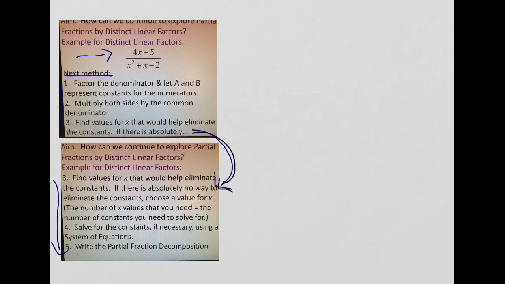So here we go. In our example, we want to do step 1, and step 1 is the same thing as we had before. We're going to factor the denominator and let the constants A and B represent the numerators for our denominators.